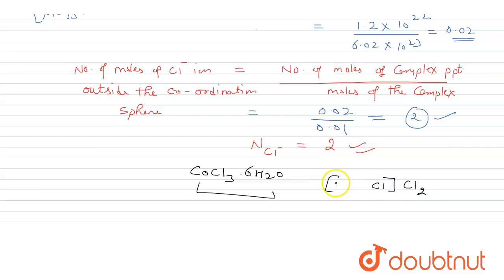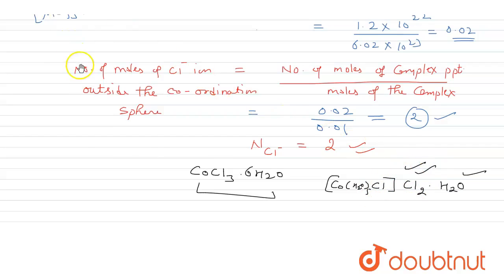Automatically the cobalt has 5 H2O inside this coordination pair, and only one H2O will be in the ionization pair. So this will be the formula of the complex: one chlorine inside the coordination pair and two chlorines outside.